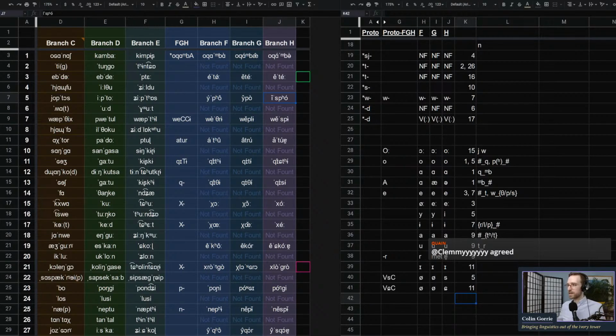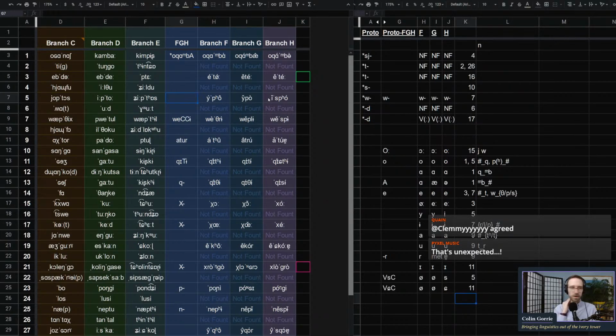Okay, so Clemmy, sorry, I missed your comment earlier when I was going about all of this. It looks like ispo is the proto-form. Yeah.